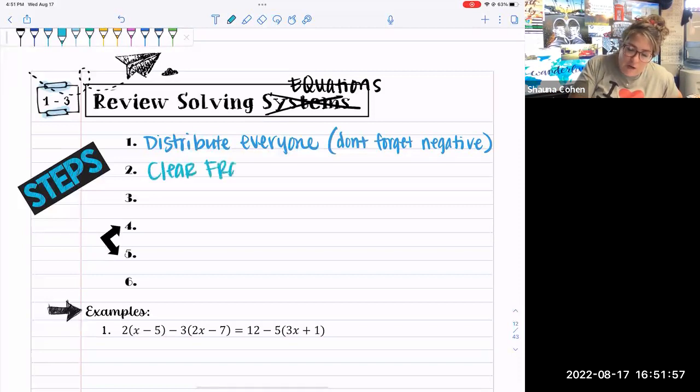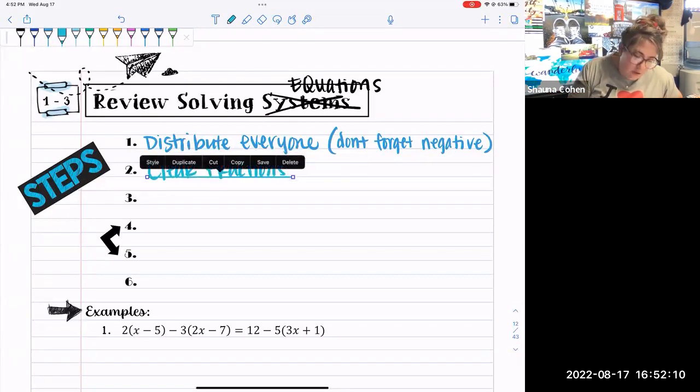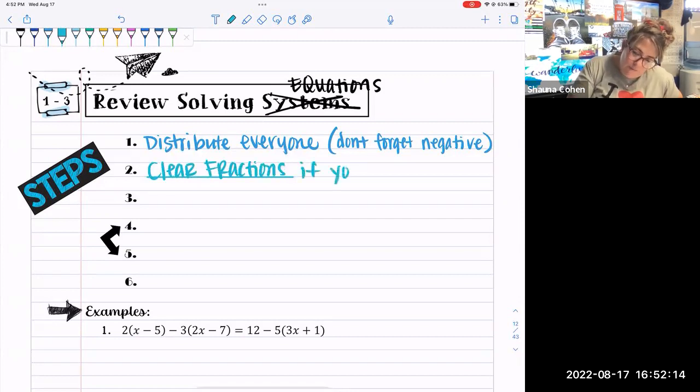The next one is going to be where you would clear fractions. If you had any fractions, this would be the time to clear fractions. Here we go. Clear fractions. And you're going to do that if you need to. It is not going to be all the time. It's not even going to be often.